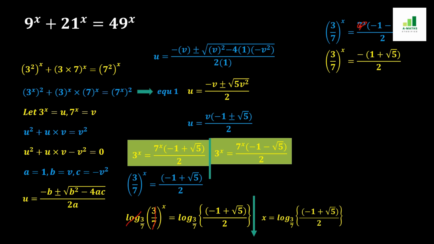Now in the next step, we should take minus as a common value, and the remaining value is 1 plus under root 5 over 2.